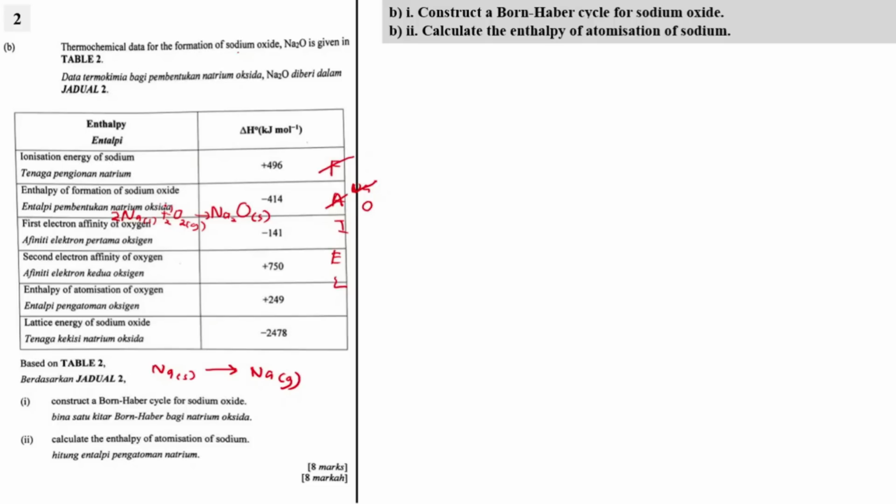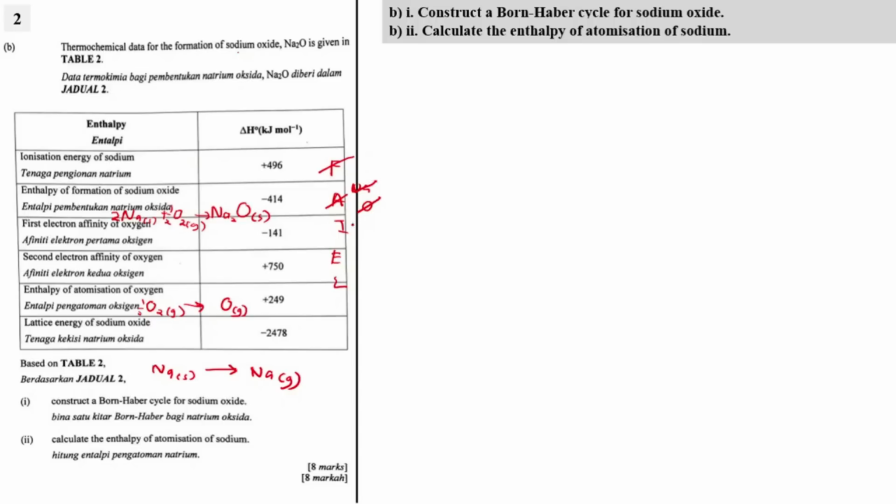So atomization of oxygen is here. So 1/2 O2 gas will produce O gas here. So it's going to become 1 mole of gaseous atom, from molecule to atom. And then we have done atomization of oxygen.